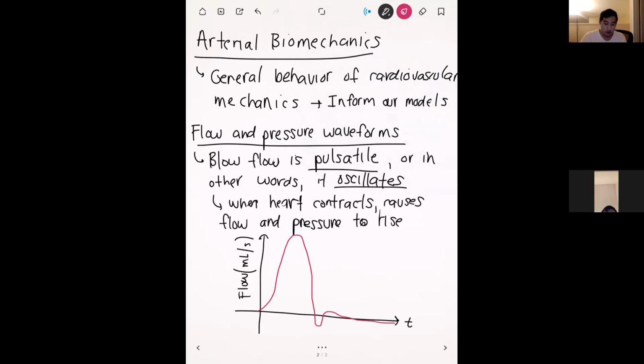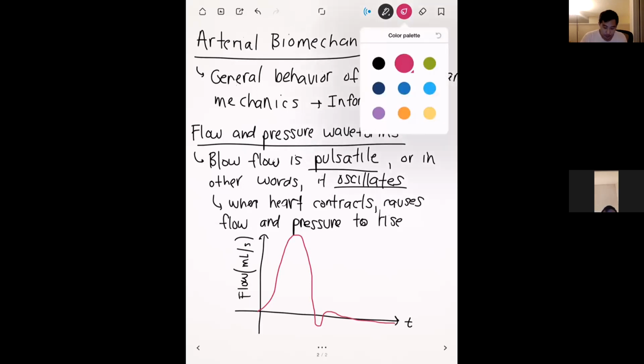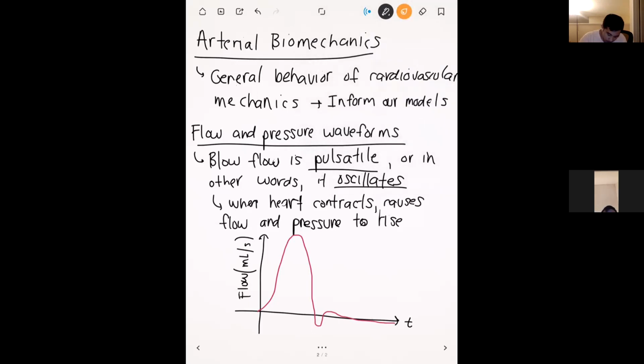You can see here we have two different zones. Let me draw a dotted line just like this. On the first part of this waveform, you see that the flow reaches a maximum. This is what happens when the heart contracts.